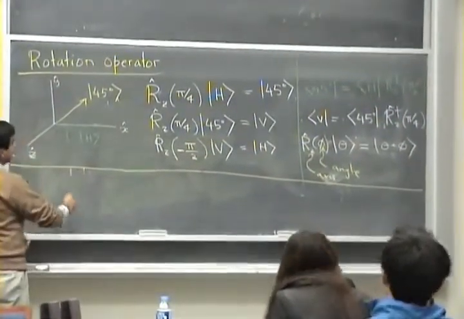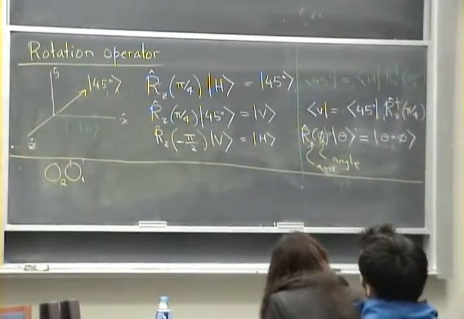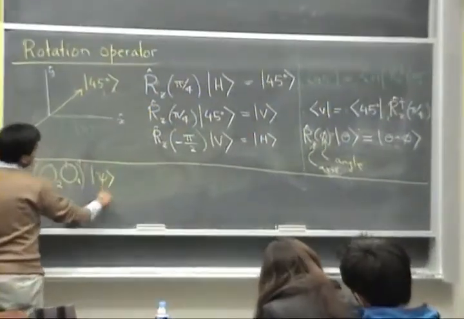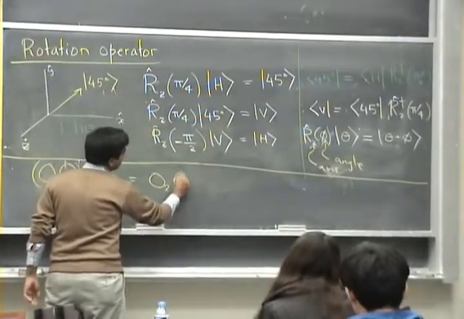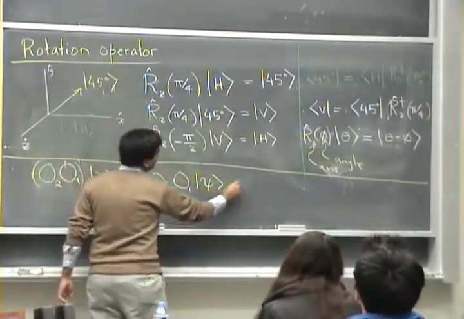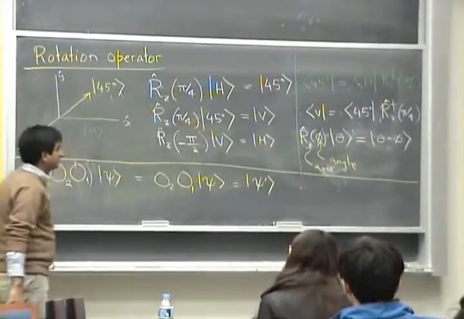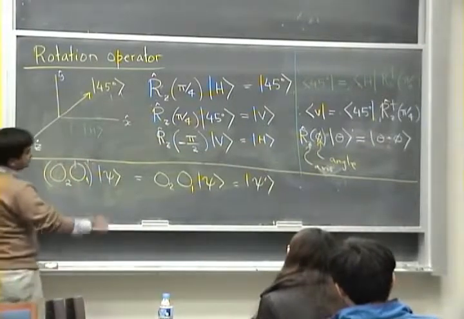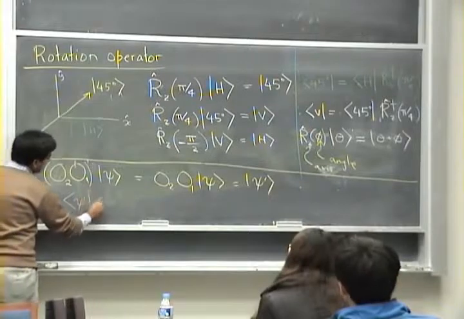Suppose I have the operator O1 followed by O2, and this acts on psi. O2 O1 acting on psi gives me psi dash. Now what should I write as the dual of this operation? What is bra psi dash going to be equal to?